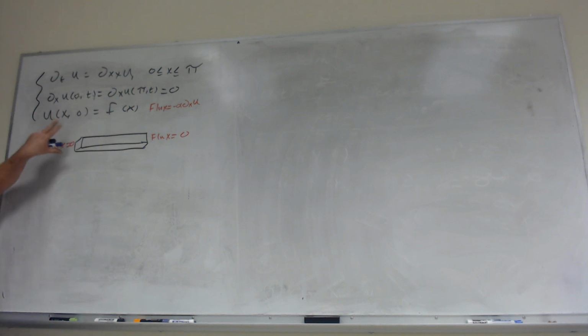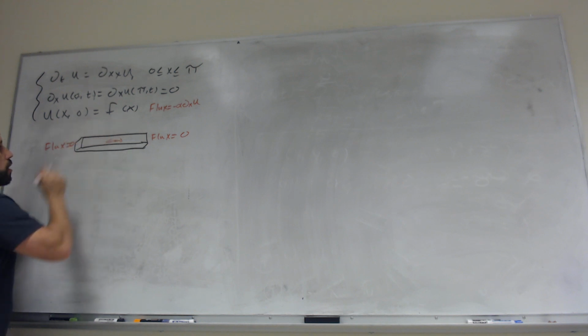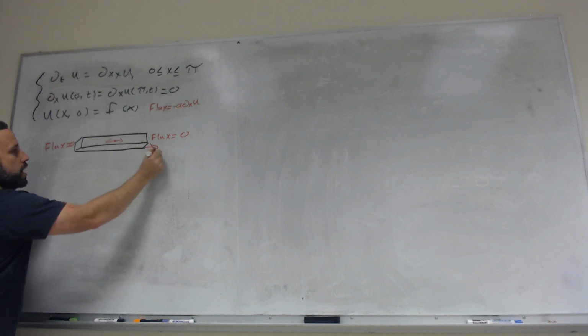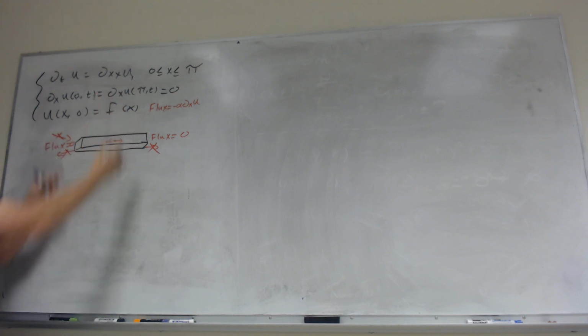The standing assumption is that it's insulated laterally, so there's no heat flow going up, down, in, or out, only left and right. But the flux here is equal to 0, so there can be heat flow inside the bar, going this way, that way, or whatever. But there is no heat flow going in or out at the boundaries. The left endpoint and the right endpoint are insulated.